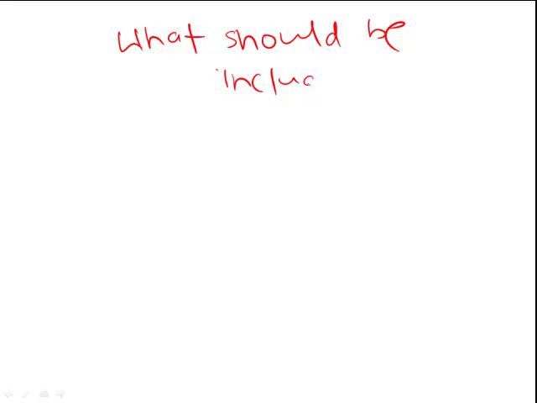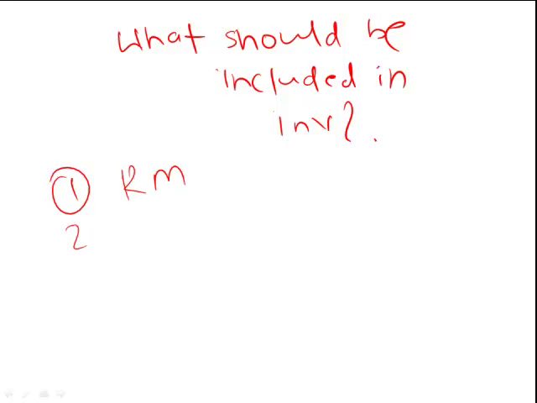So now next question: what should be included in the cost of inventory? Number one, we are going to include, of course, the raw material. We are going to include labor, all those processing charges, even electricity at times.